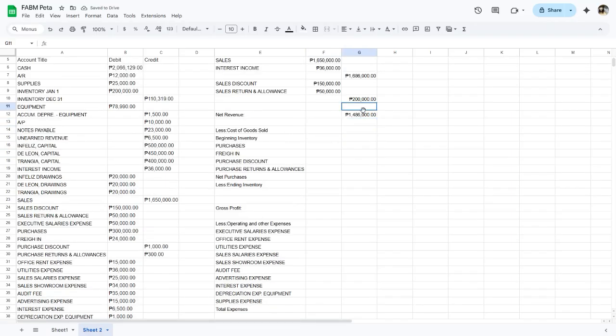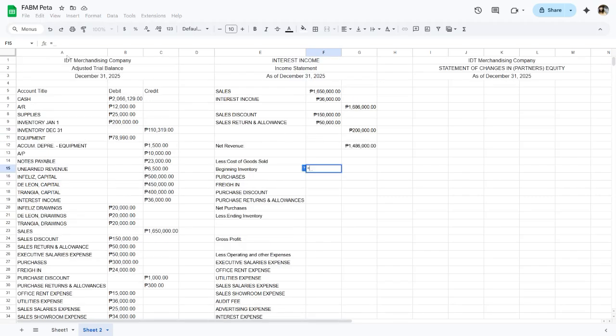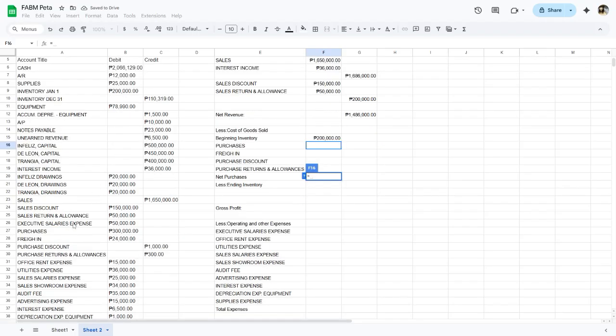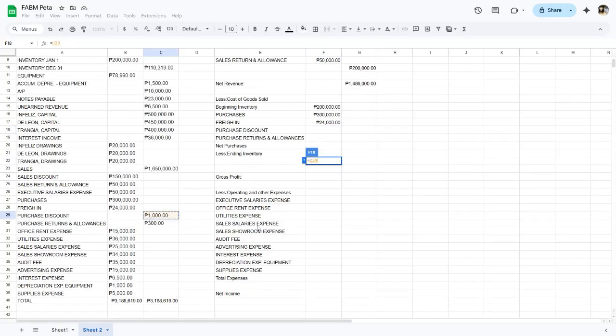After that, we subtract the cost of goods sold. Let's solve this. Cost of goods sold: let's start with our beginning inventory, which is January 1. Then the purchases, the freight in, then the contra revenue, purchase discounts, and returns and allowances.